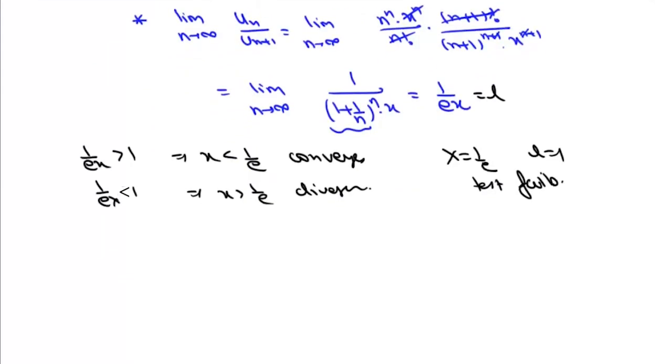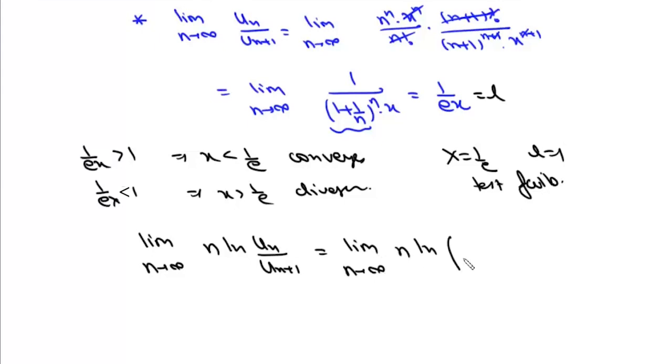So we can write this as this limit n tends to infinity n log un upon un plus 1. So it will be this limit n tends to infinity n log, now un upon un plus 1 is this value.